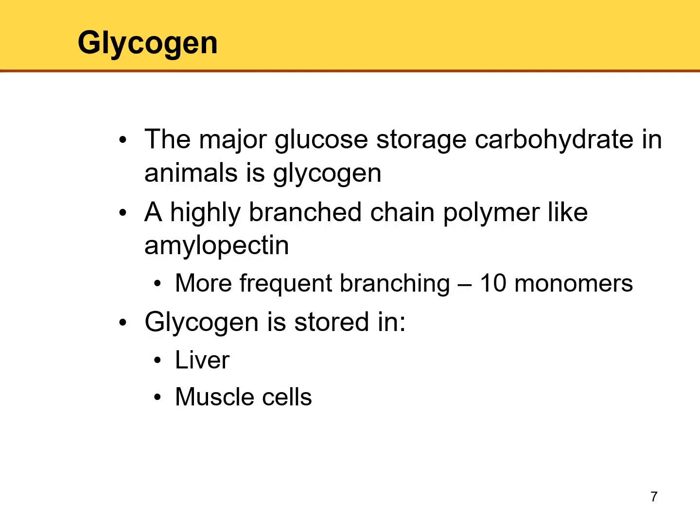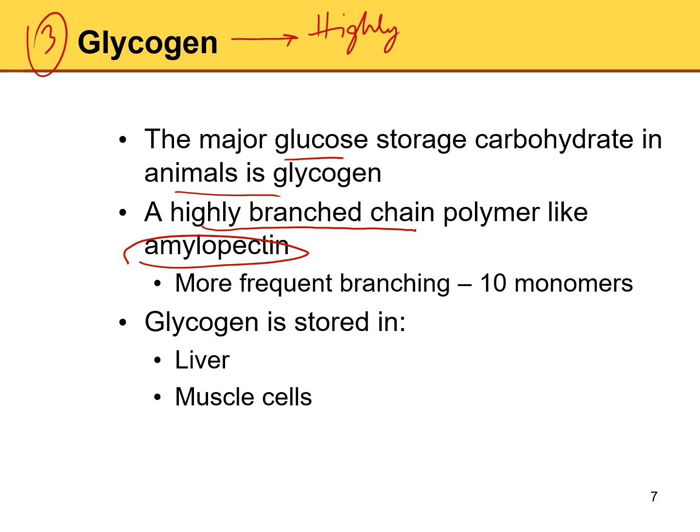Okay. The last one we'll talk about is glycogen. Glycogen, again, is a major storage form of carbohydrate that's found in animals, right? And glycogen is basically amylopectin, but a highly branched amylopectin.